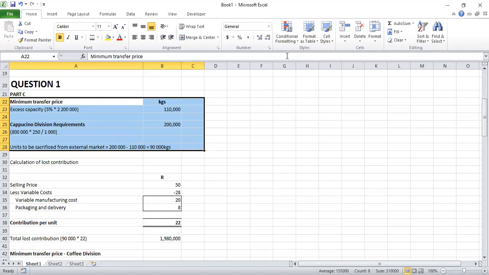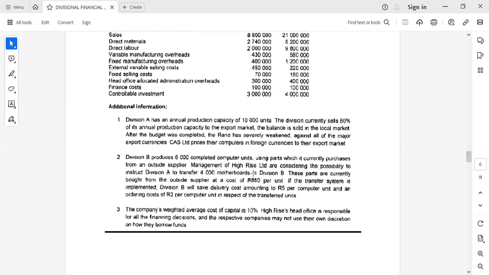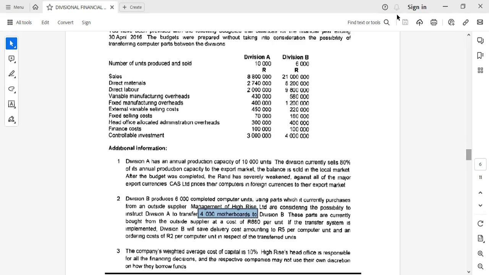So whatever units that they've been instructed, these 4,000 motherboards, are going to be sacrificed from the external market. So what do we have to do? We have to calculate the contribution that will be lost. Right, so we'll start from the calculation of the contribution.